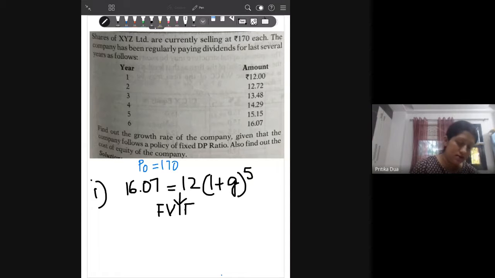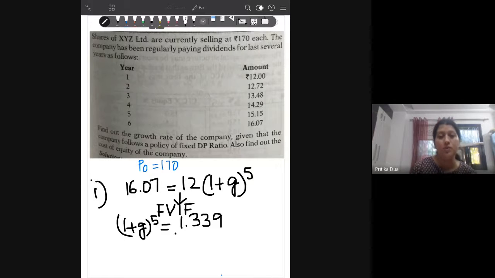Okay, so first calculate this value, 16.07 divided by 12. So you are getting 1.339. The next thing I do is that I need to look for this value in the FVIF table.